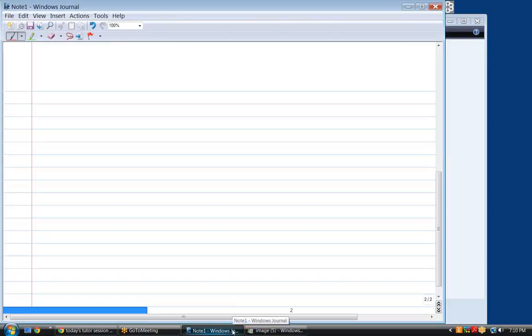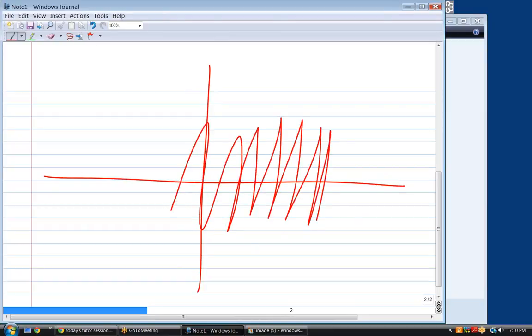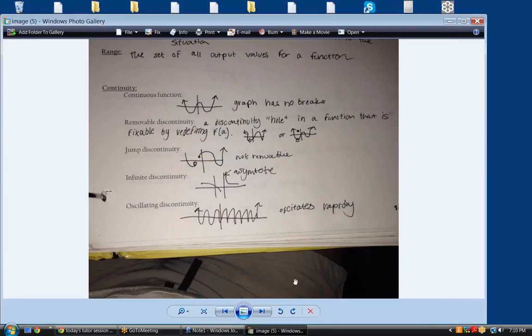It just oscillates very, very rapidly. If I were to draw an oscillating discontinuity, it would probably look something like this. So rapidly that it creates problems, and so that's why they have a name for it, even though it's not technically discontinuous.